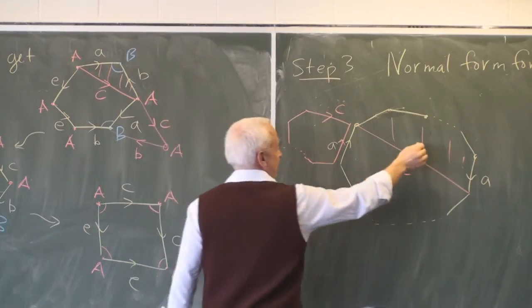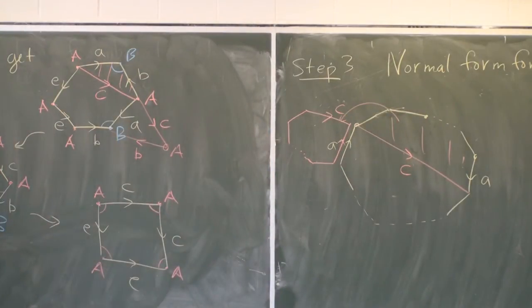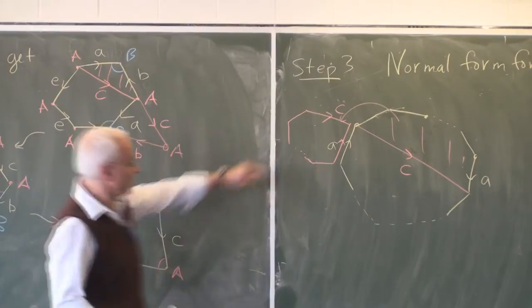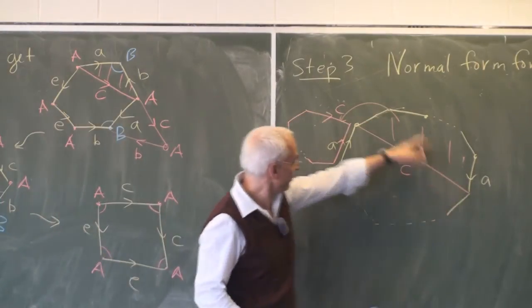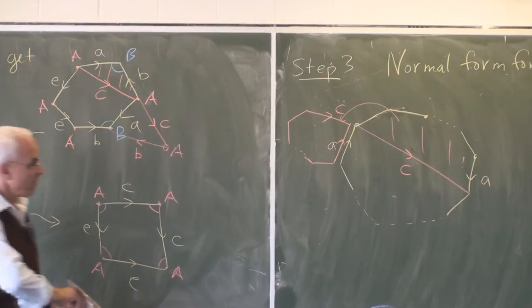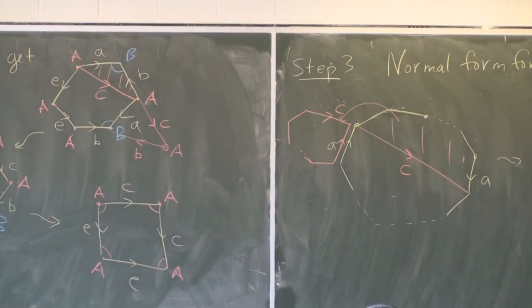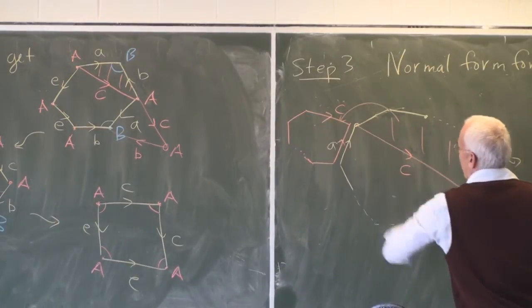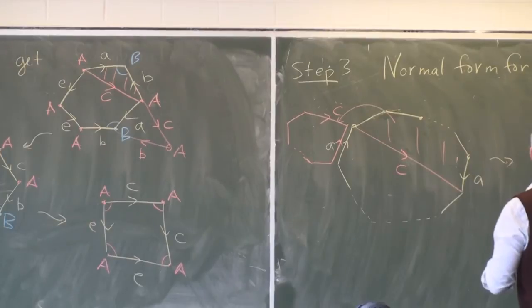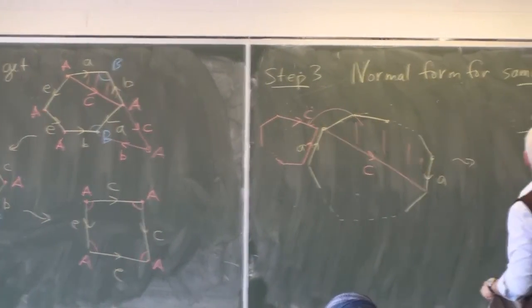Okay. So I've moved this whole piece over there, after I've made the cut from the top of A to the top of A. And after we've done that, what's happened? Well, if we're looking at the boundaries as we go around here, there's now a C edge, namely this one here, followed by another C edge.